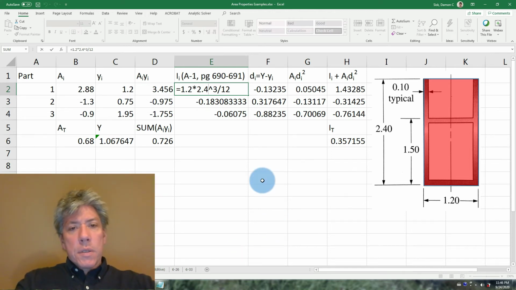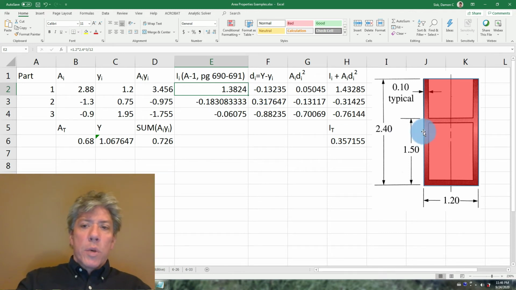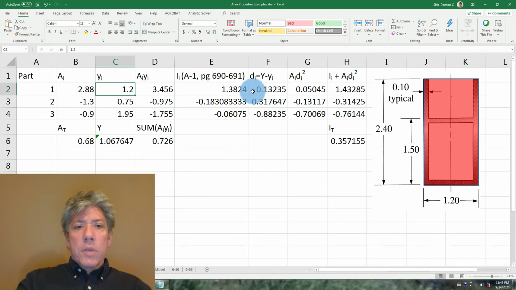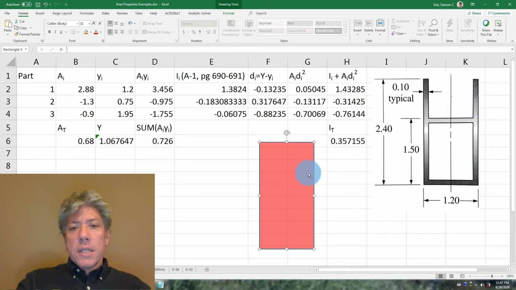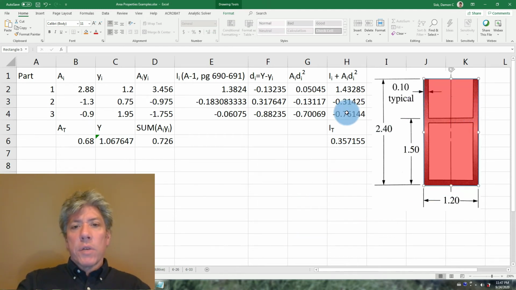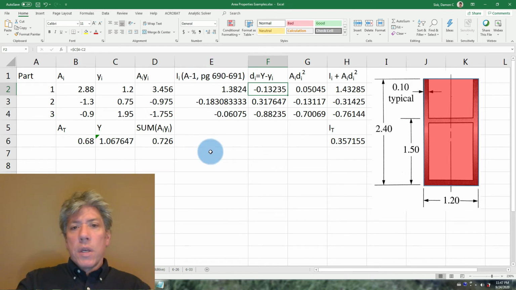The distance between the centroid of this outlined area, which is at 1.2, and the centroid of the overall shape, 1.067, there's the overall shape again, that distance difference is not very large, right? The distance between those two points is not much.